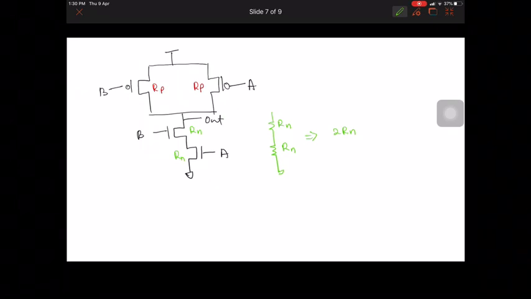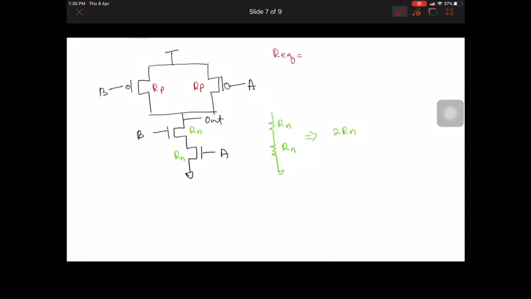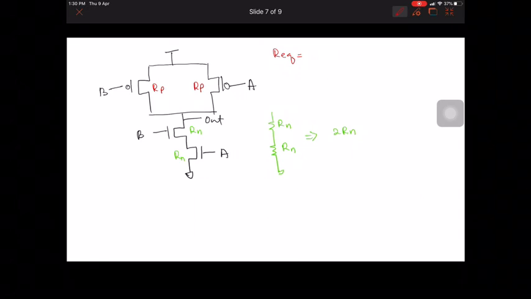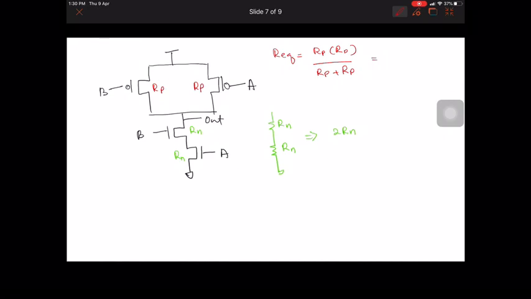Now we look at Rp. There are two Rps here, they are in parallel. So the equivalent resistance equals Rp times Rp over Rp plus Rp, which equals Rp over 2.